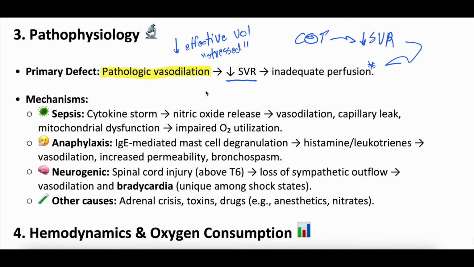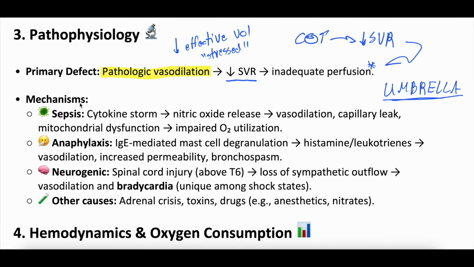Now, the different subtypes of distributive shock here are important. Okay, and this is the first time we're going to talk about this. So distributive shock is an umbrella term. All right, it is an umbrella term meant to describe several different causes of shock that behave in a similar-ish, emphasis on the ish fashion.